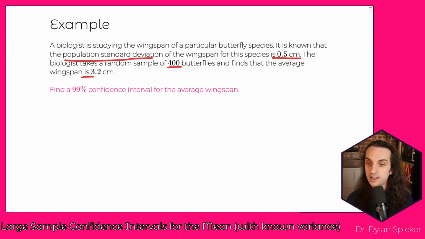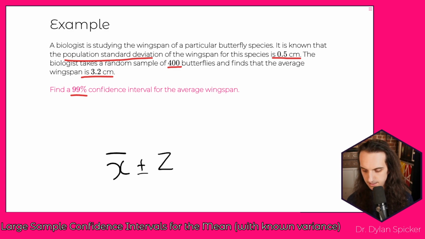The other piece is that we find the sample mean is 3.2 centimeters. We want a 99% confidence interval, and so then we can end up forming this. The general format is going to be x bar plus or minus z alpha over 2 times sigma divided by the square root of n. X bar we know is going to be 3.2.